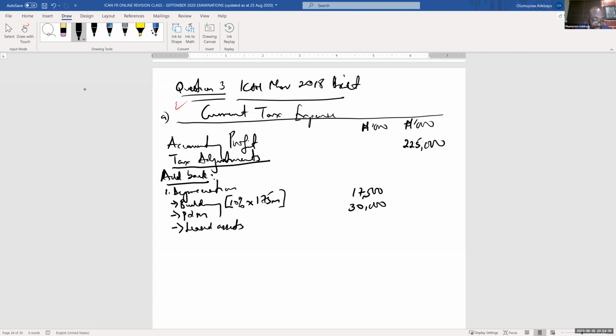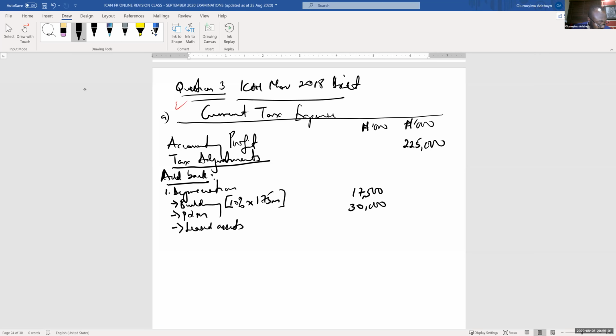The depreciation policy for lease asset is 20% on a straight line, while annual finance charge is 36,667,000 naira. Therefore, the question then is, what is the depreciation charge for the lease assets?